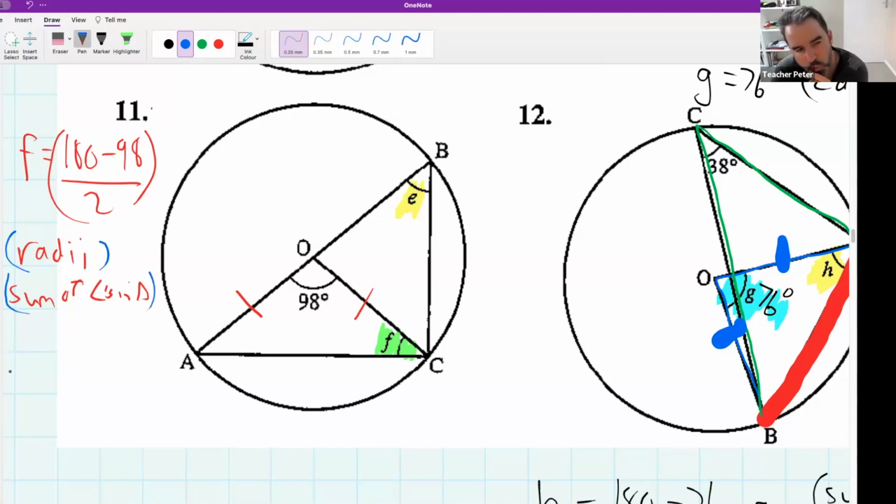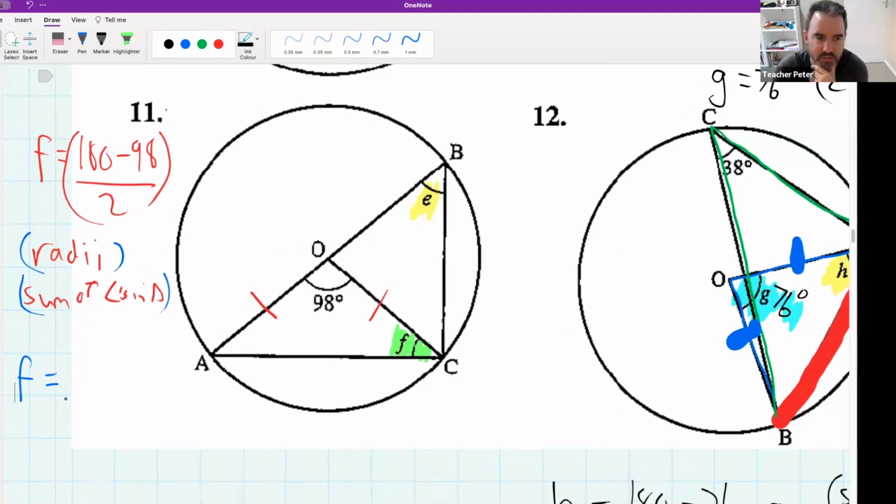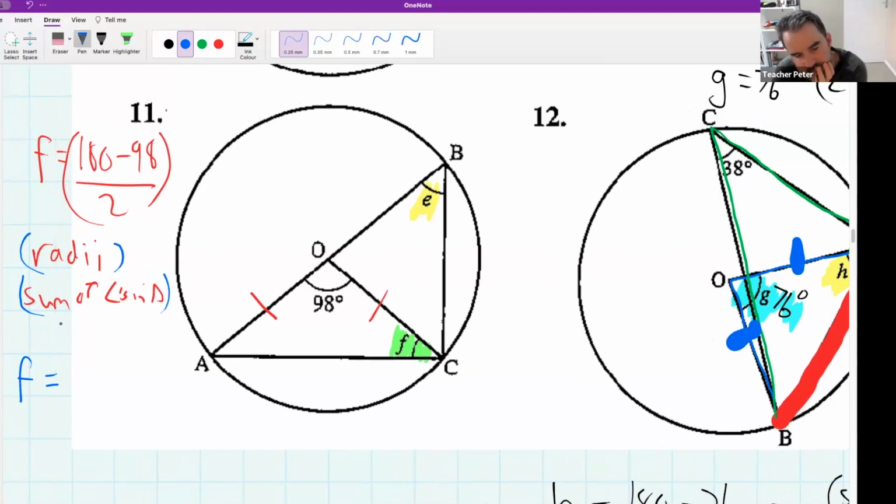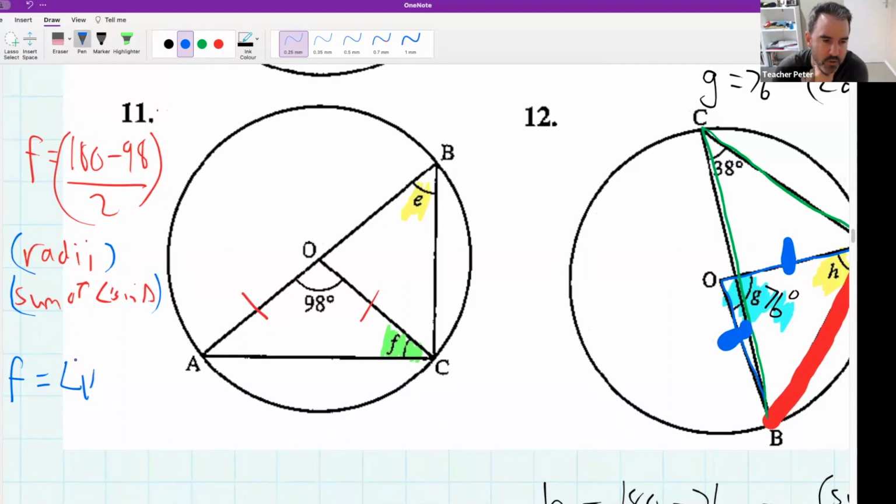And what do you get for the value of F? 82 divided by 2, which should be 41. Okay, so we get 41. So that's good. So we've got a 41 down here. And I suppose if it's helpful, we get a 41 up there.